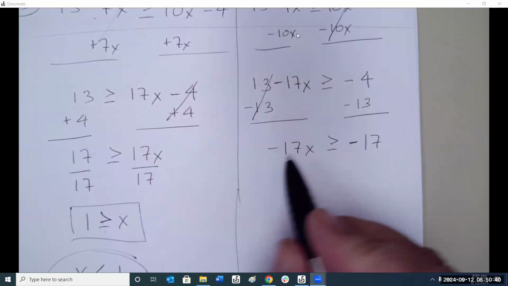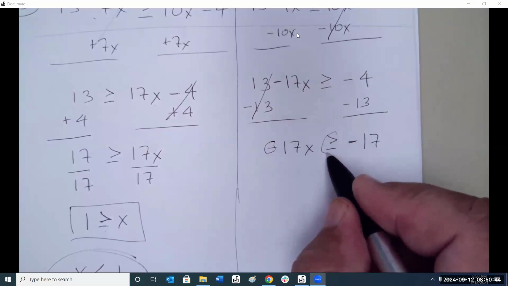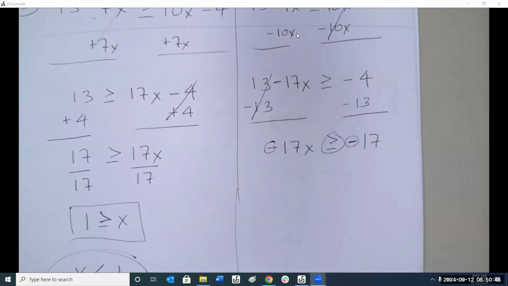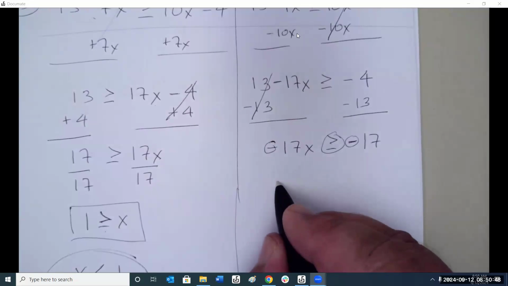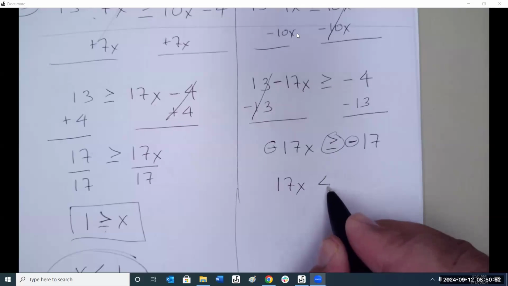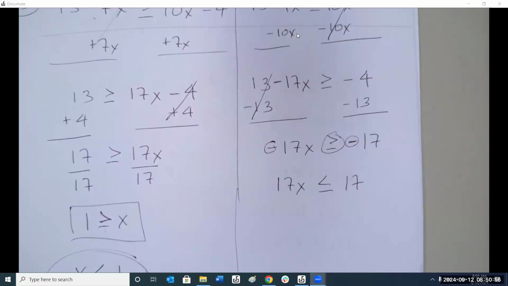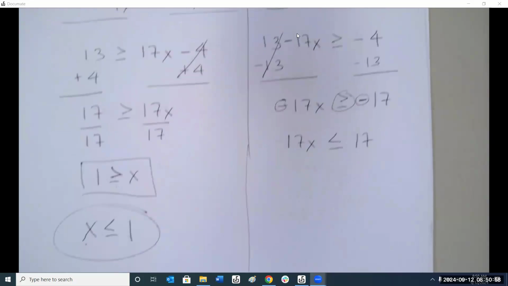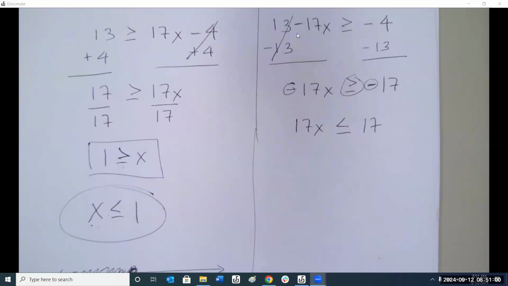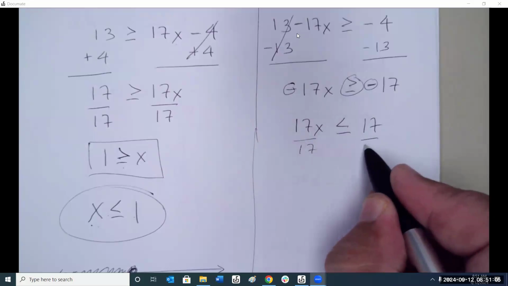Remember I told you, whenever you have a negative in front of the x, change everything. So it goes positive 17. From greater than, it becomes less than or equal to, and then it becomes a positive 17. And then we divide by 17.